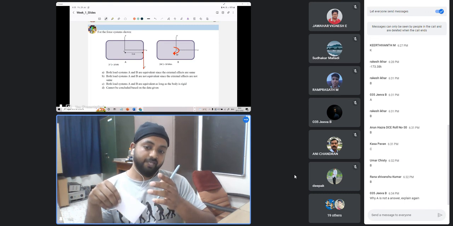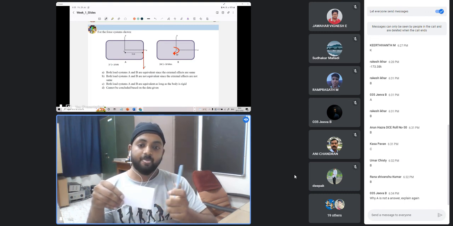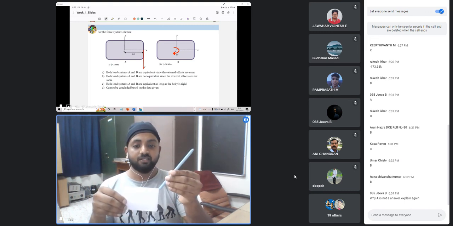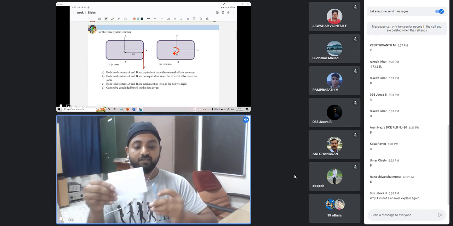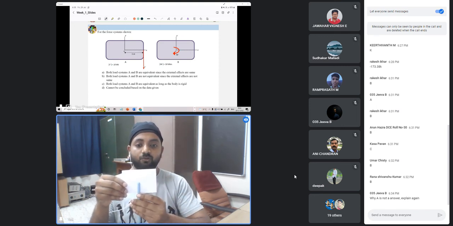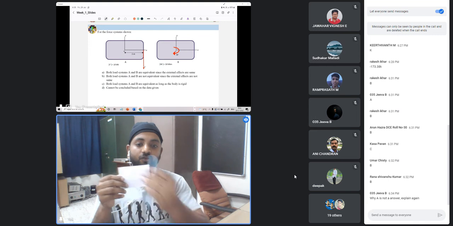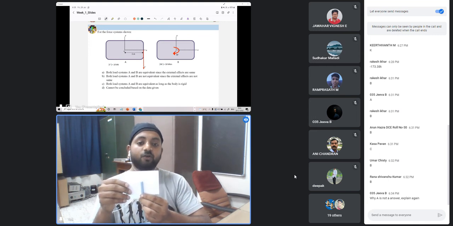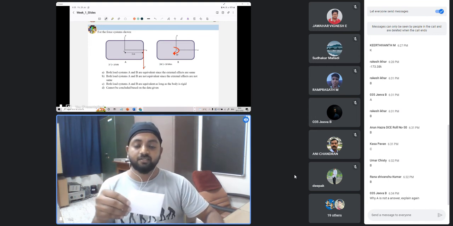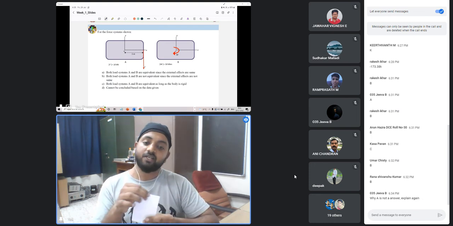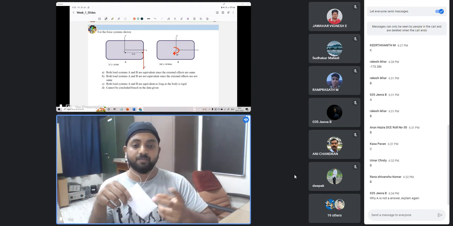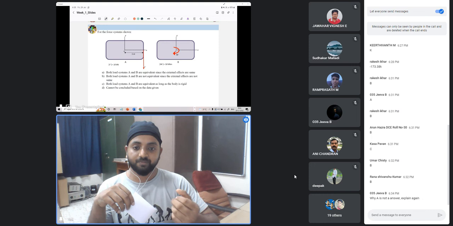If you see load system A, if you have to transfer this force that is applied like this to point O, you will have this force and you will also have a couple. So what are the external effects of that system A? It will translate as well as rotate, because both force as well as a couple are present there.